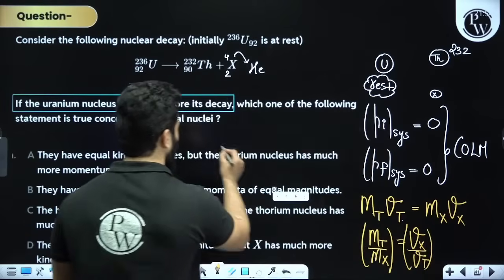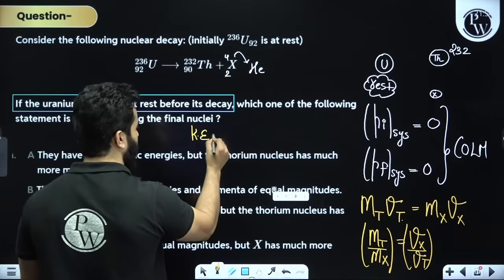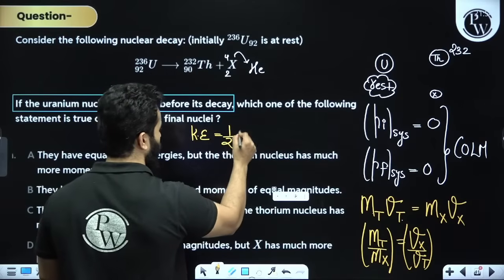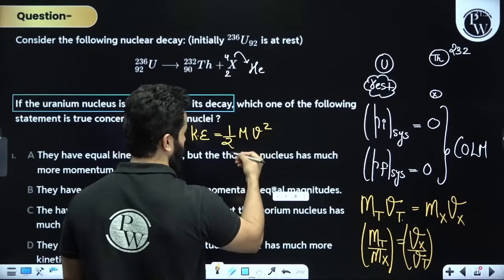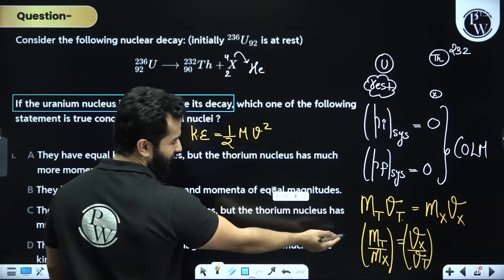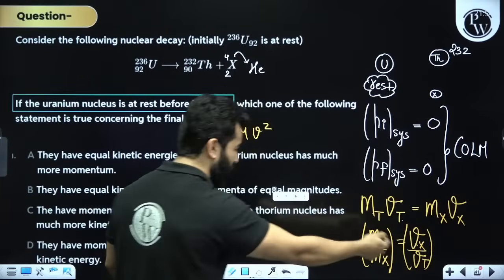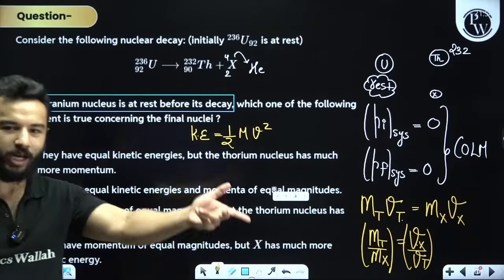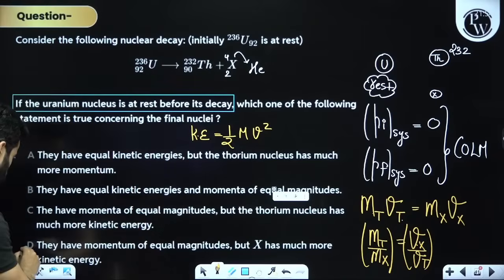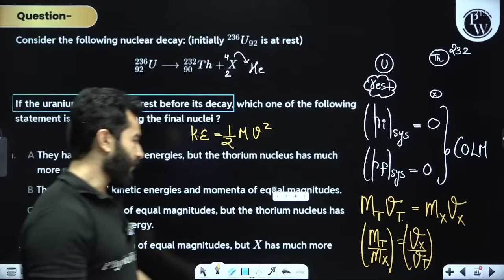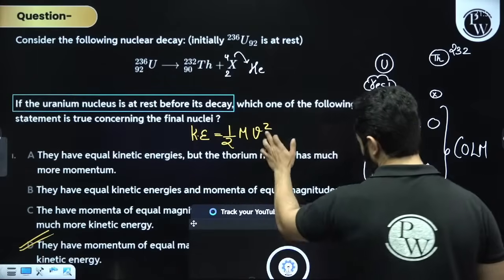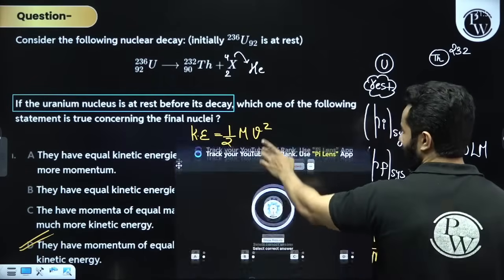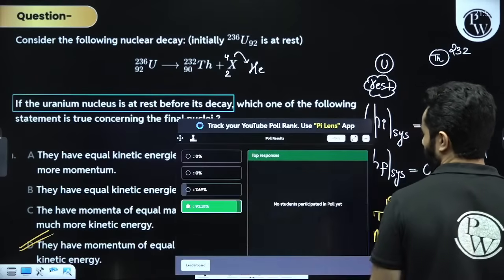Kinetic energy is written as 1/2 mass and square of velocity, so Vx will be far greater than Vt because you are squaring it. So option D is absolutely correct. They will have the same momentum, but the kinetic energy of the lighter nucleus will be more than that of the heavier nucleus.